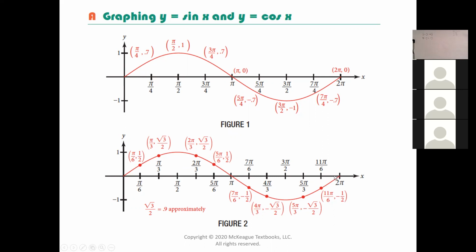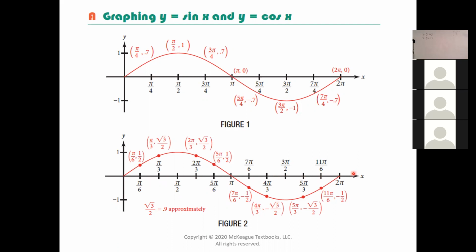What's the scaling used on this axis down here? This x-axis. How far apart are these tick marks spaced on the x-axis down here? Pi/6. I'm sorry, you can't see my cursor. Yeah, sorry about that.